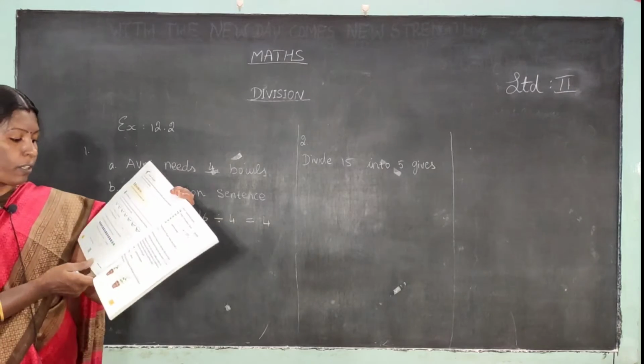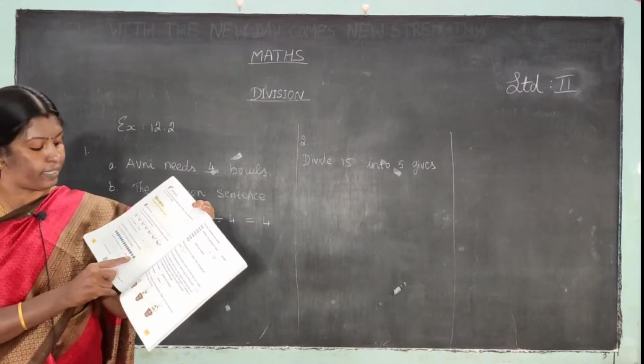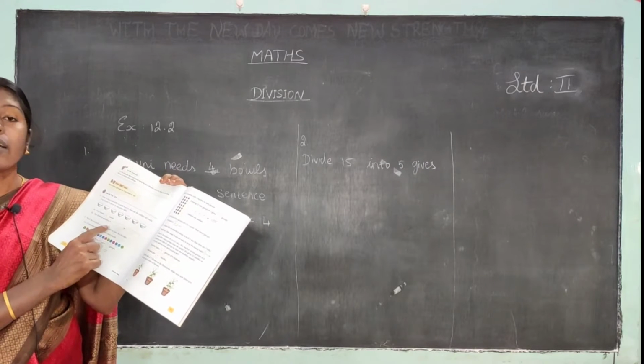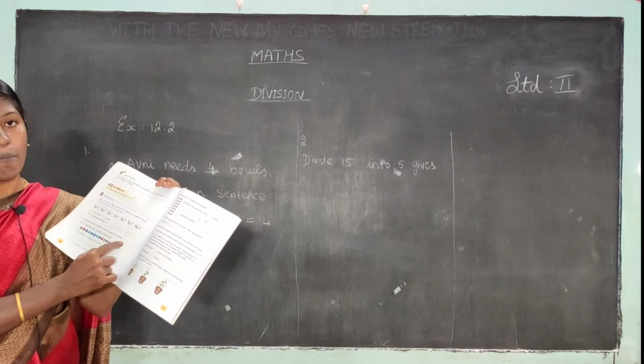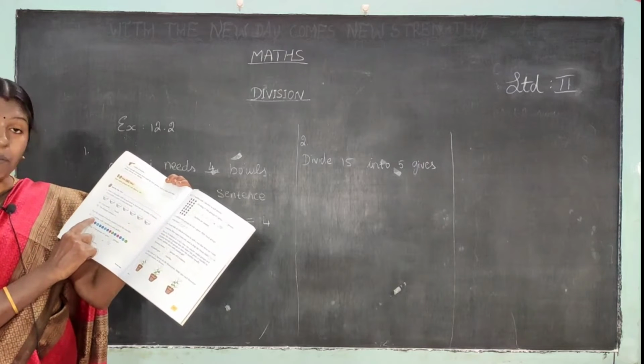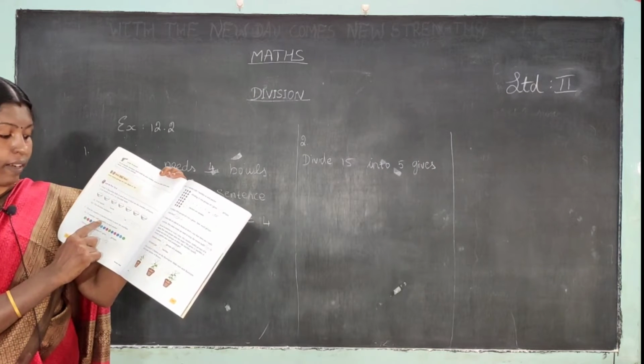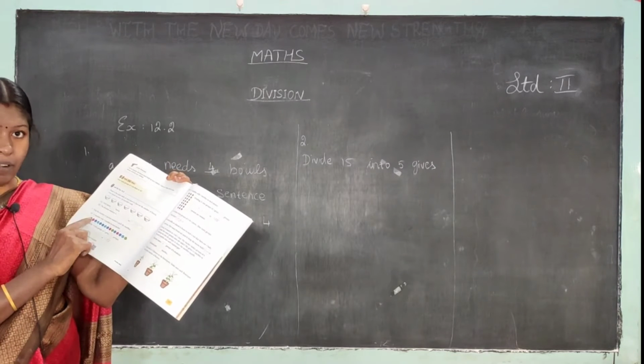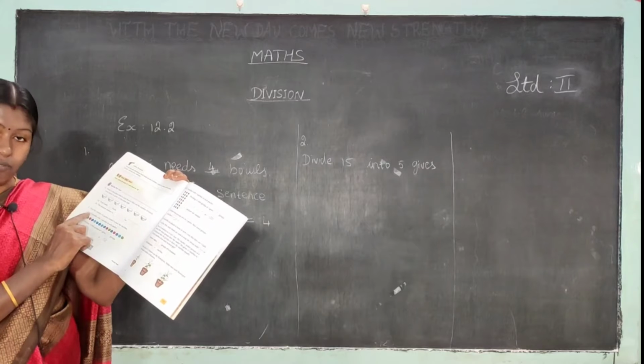Second question. You see colorful marbles are here. Find the number of packets needed to pack the marbles. 15 marbles with 5 marbles in each packet. Total number of marbles, how much? 15.